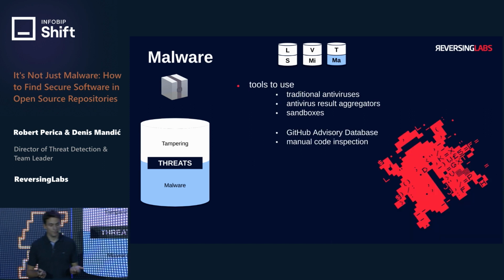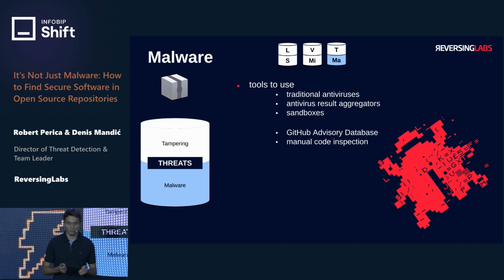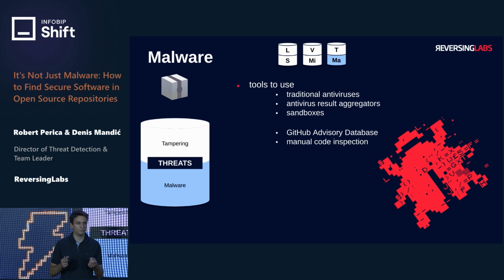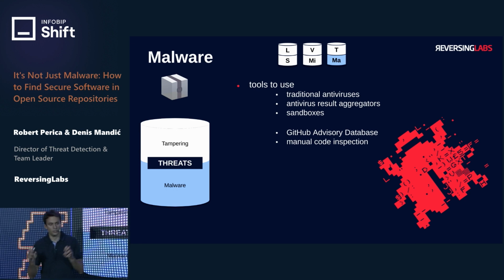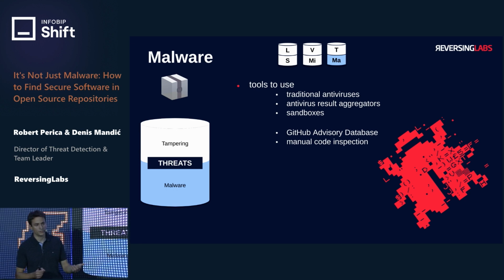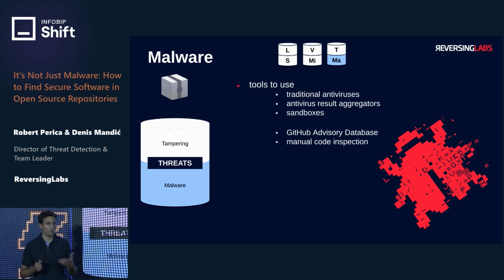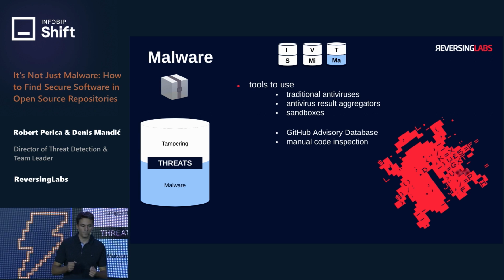To deal with malware, you have a couple of strategies that you can try to use. For example, you can use traditional antiviruses and antivirus result aggregators. They are helpful, but only up to a certain point. They're typically dealing only with traditional malware and not so much supply chain attacks. If you're feeling adventurous, you can use sandboxes and try to run a malicious executable in an isolated environment.